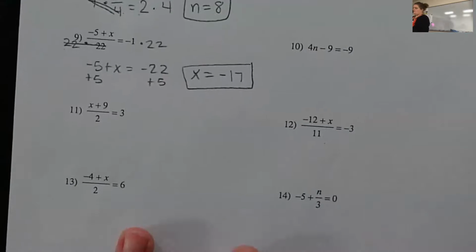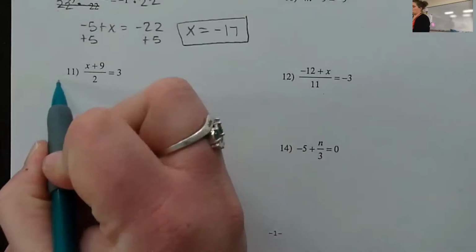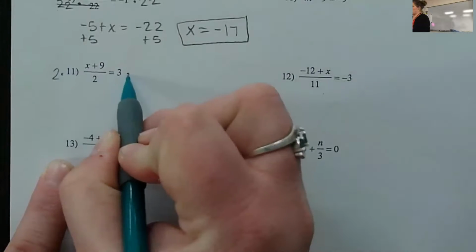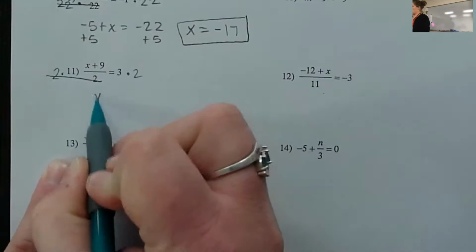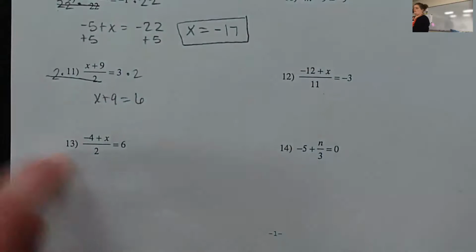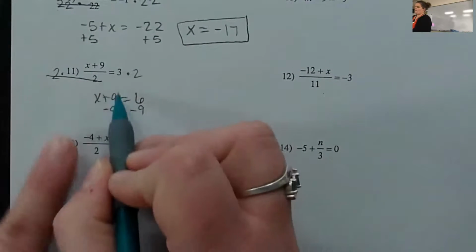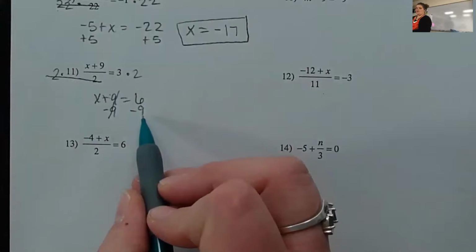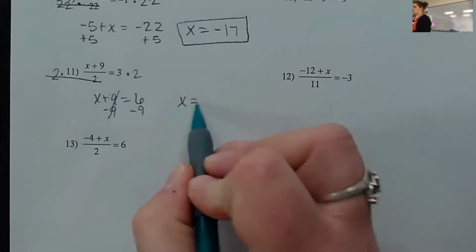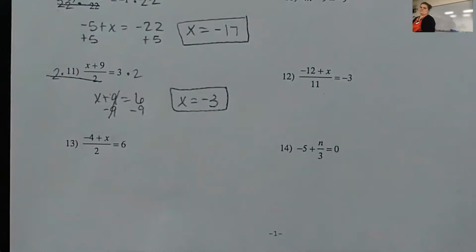Okay, again, I can't cover up x because that pesky 2 is on the bottom. Let's multiply by 2 to get rid of it. So x plus 9 equals 3 times 2, which is 6. Cover up x. How do I get rid of plus 9? Minus 9. Now I have 6 minus 9. It's a negative number. Negative 3. That's okay.